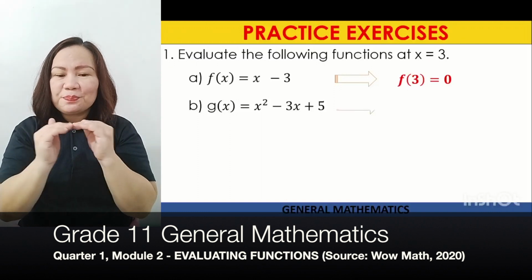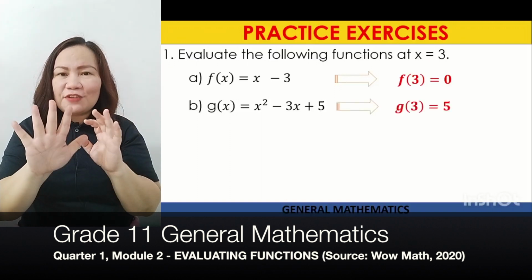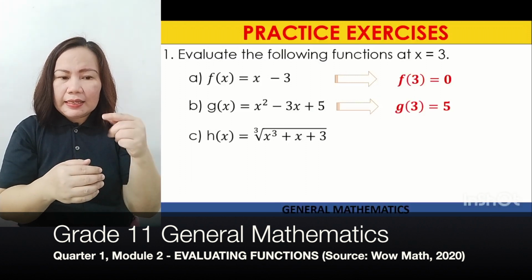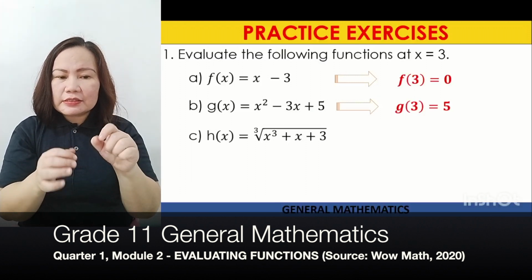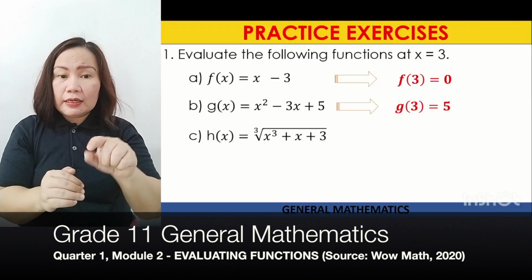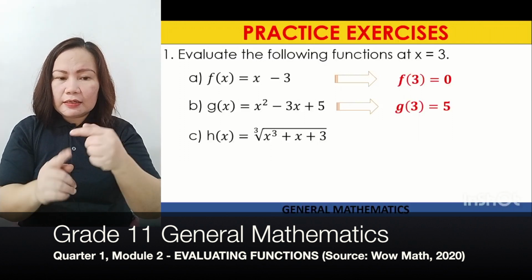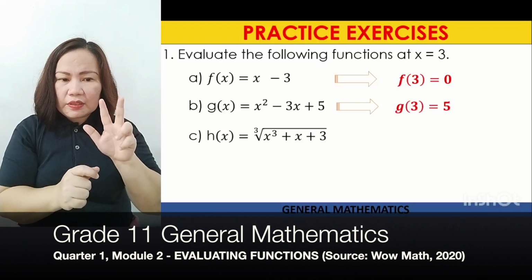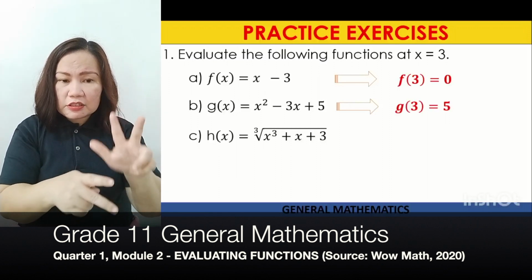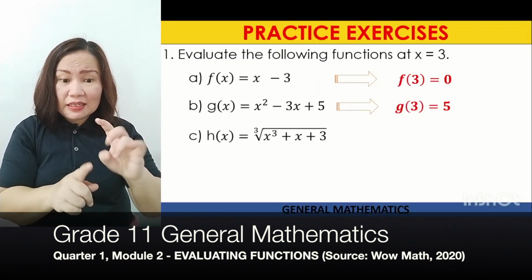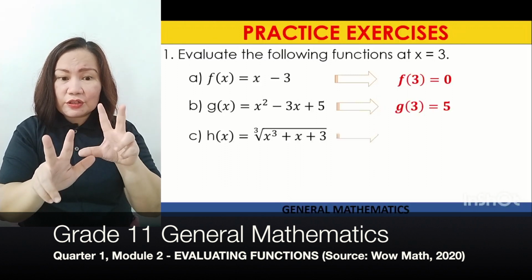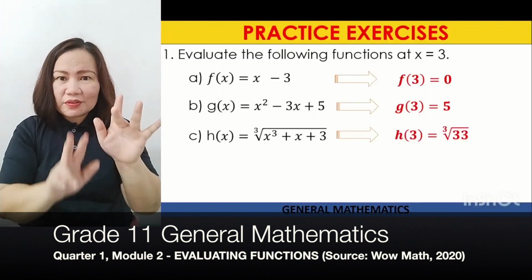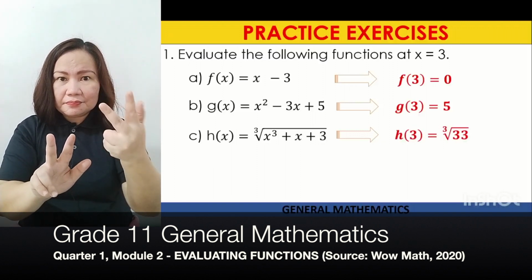So the answer is positive 5. Another, h of x is equal to the cube root of x cubed plus x plus 3. Your 5 seconds starts now. So what is the answer? The answer is cube root of 33.